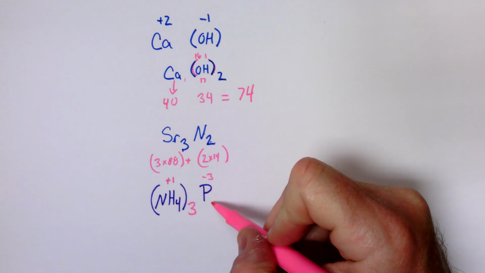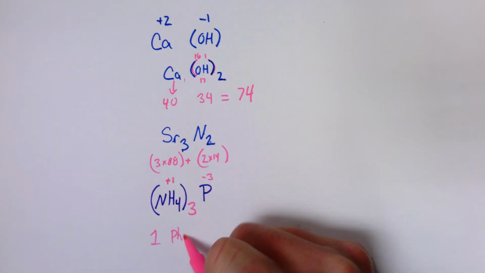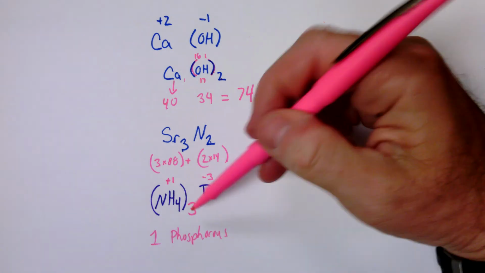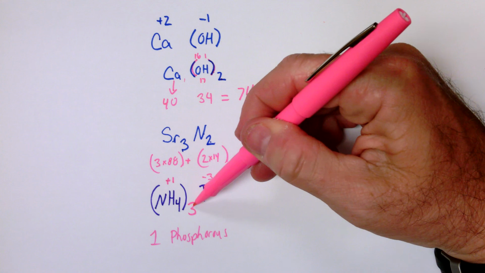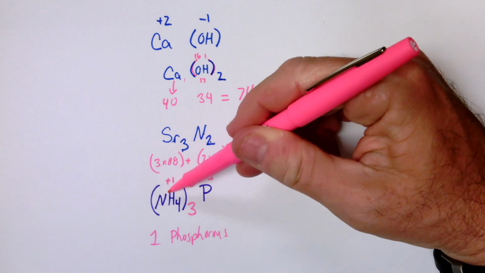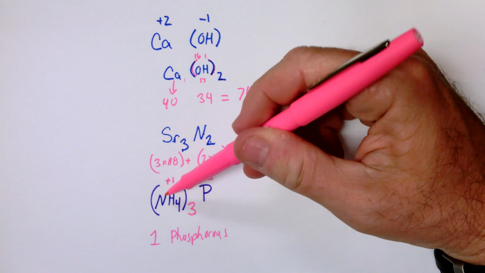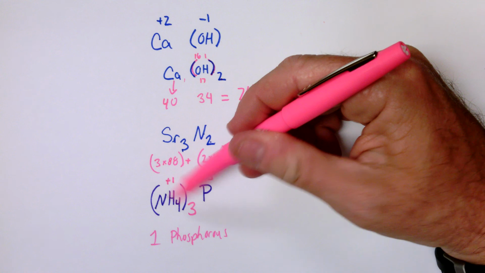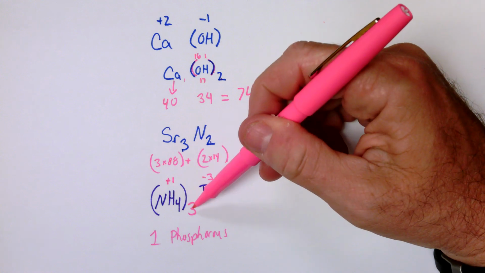Well, obviously we only have 1 phosphorus. We've got 3 of whatever this thing is. Well, this thing is ammonium. And each ammonium has 1 nitrogen. But I have 3 of them total.